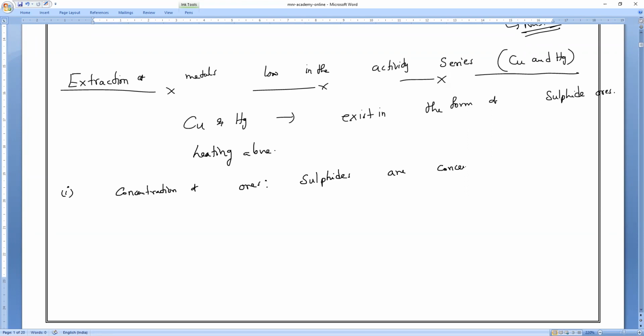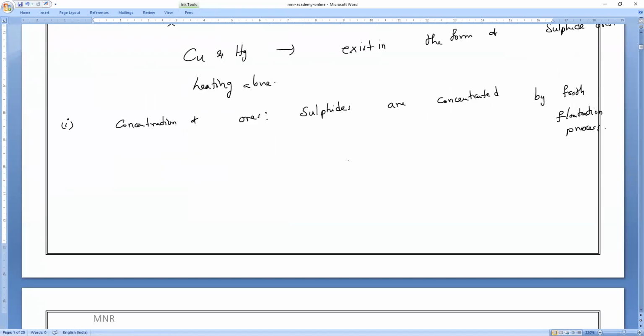Froth flotation. So just remember that sulfide ores can be concentrated by the froth flotation process. Step two, if it is a sulfide ore, immediately we have to undergo roasting.